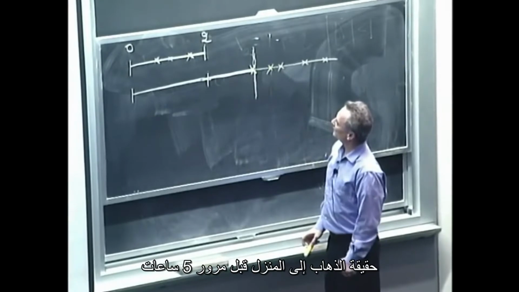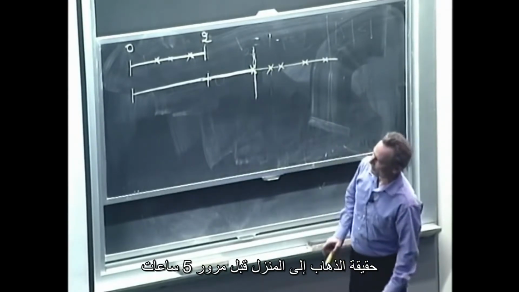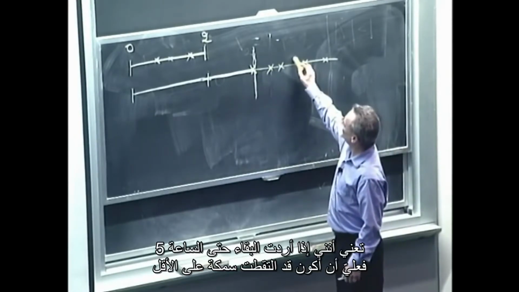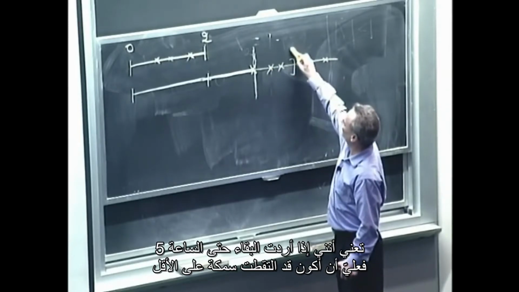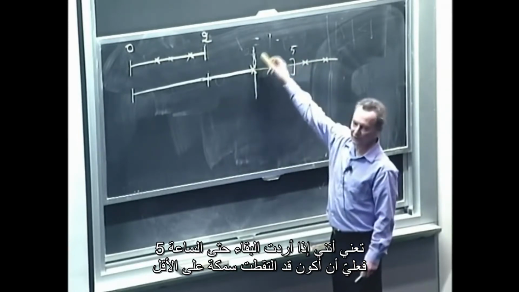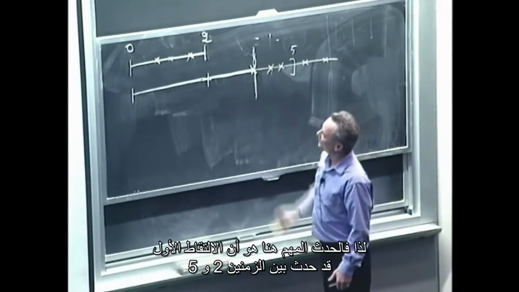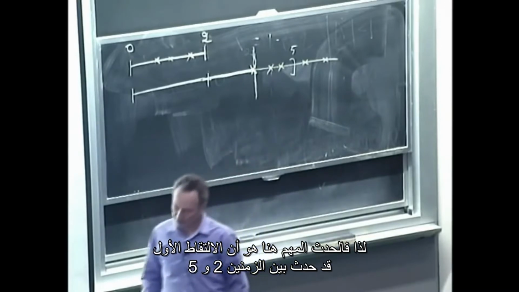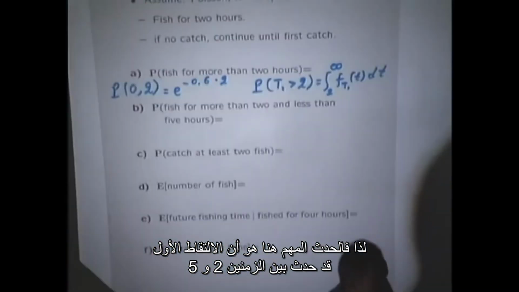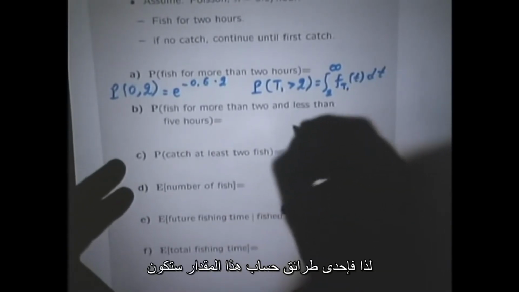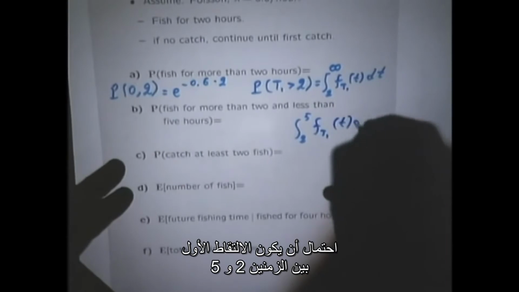Now, the fact that I go home before time 5 means that if I were to stay until time 5, I would have caught at least one fish. I might have caught more than one. So the event of interest here is that the first catch happens between times 2 and 5. So one way of calculating this quantity would be, it's the probability that the first catch happens between times 2 and 5.